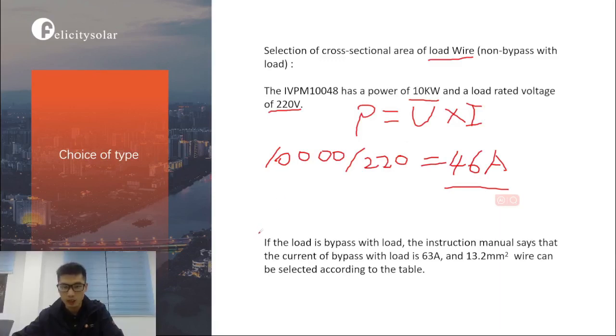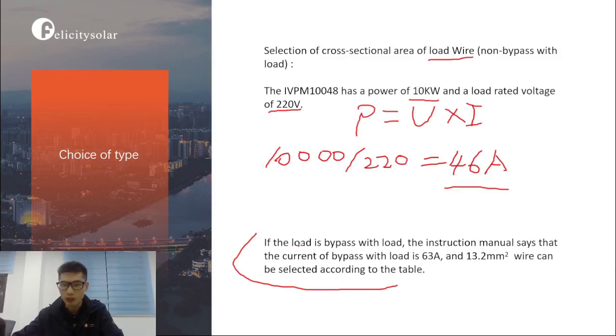And there is a note. You should notice if the load is bypassed with the load, then the manual actually already told us the current of the bypass with load is 63A. And 13.2 millimeters square wire can be selected according to the table.